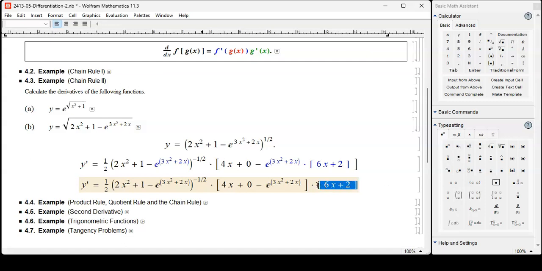If I have this 6x plus 2 all the way outside, by the distributive law, it has to go to the exponential, but also it'll have to be applied here to 4x. You see? Distributed here.